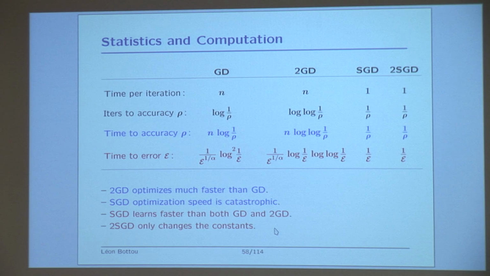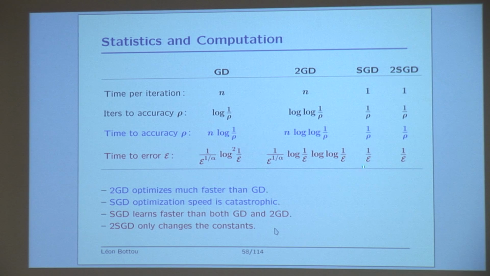But when I look at the time to reach an excess error in terms of generalization error, which is my goal for training, well, this time the second order gradient descent is not much better than the gradient descent. You have these log terms that are different, but they are log terms.